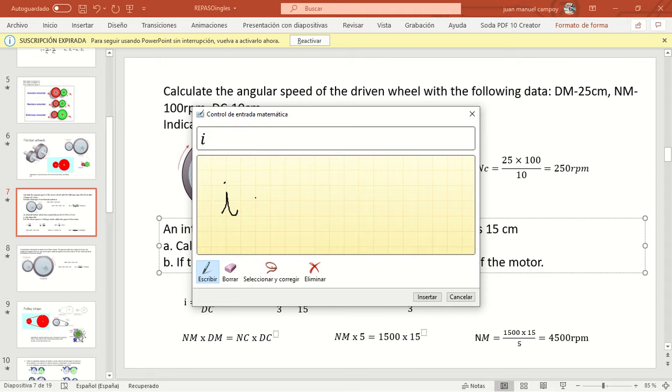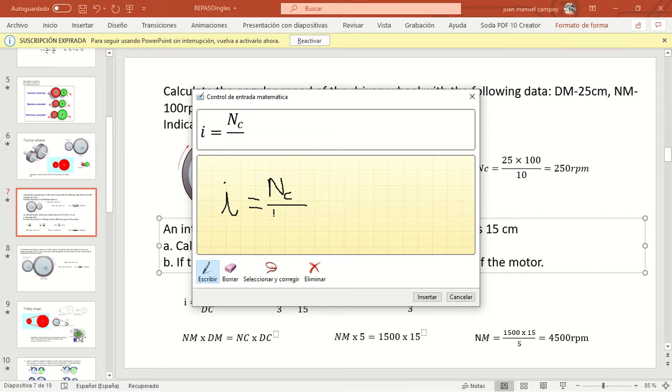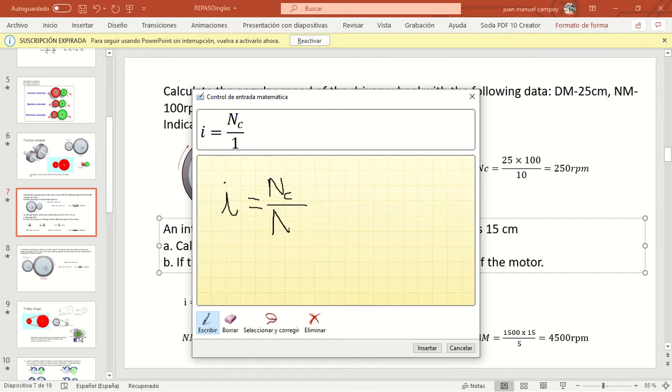I is speed of driving, so C between the speed of driver.